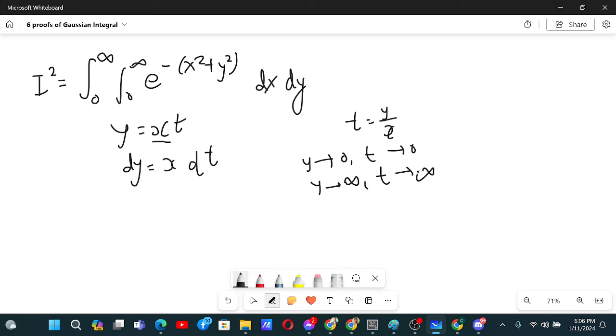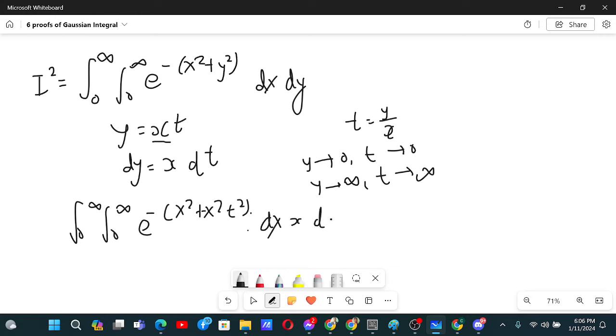So now integral from 0 to infinity, integral from 0 to infinity of e to the power minus, over here we will have x square plus x square t square, and then dx is dx itself, and then dy will be x dt. You can just take the x inside, doesn't matter.